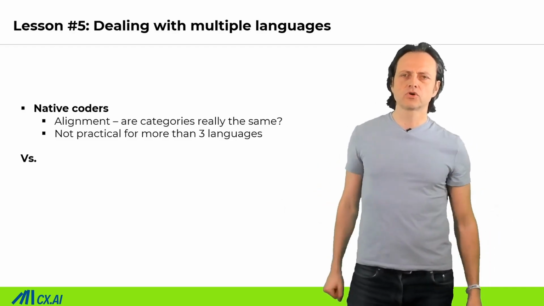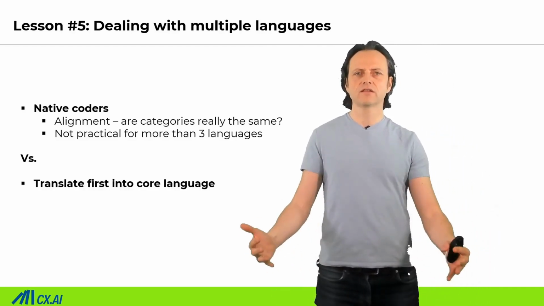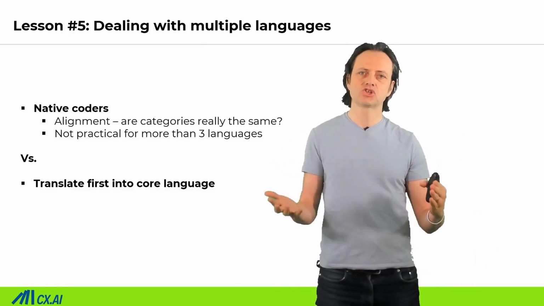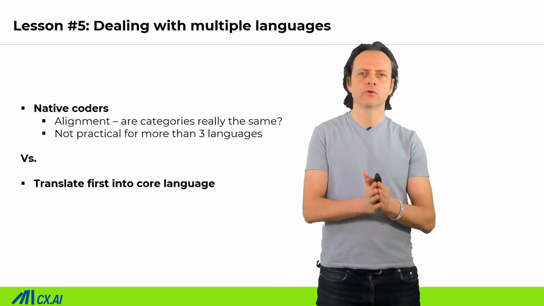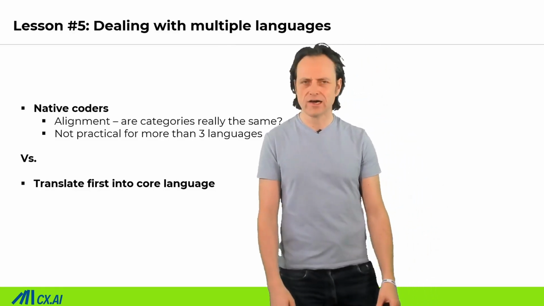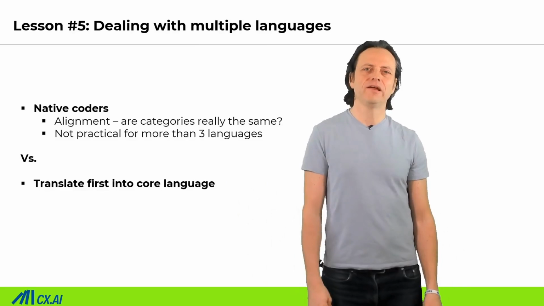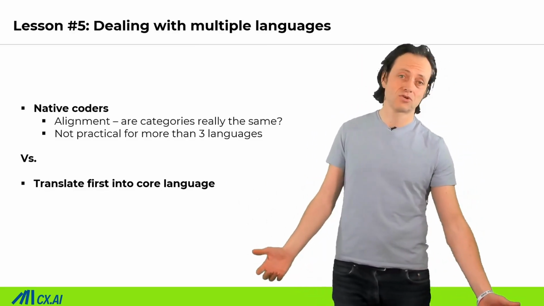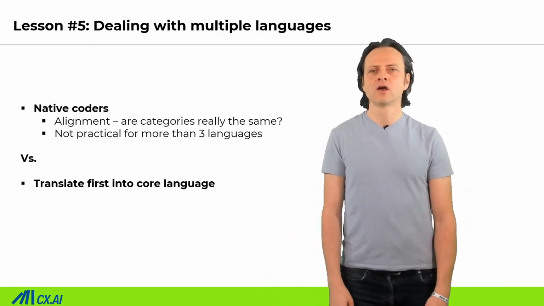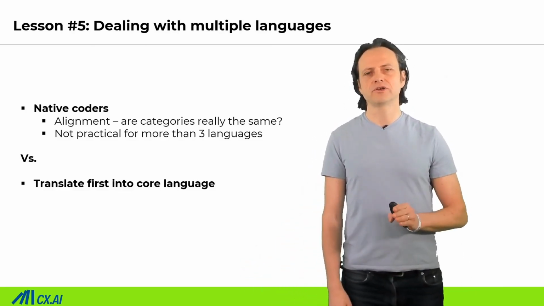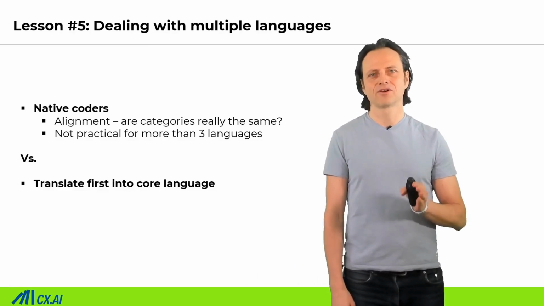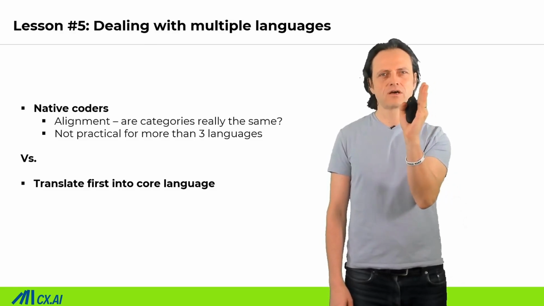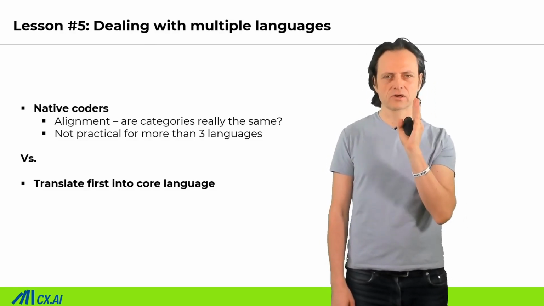The alternative approach is taking the verbatims and auto-translating them into one core language. You might say, oh my God, I lose a lot of information with that. You may know Google Translate and you may not be 100% satisfied. So yes, you lose information, but you have one understanding of categories, one native coder categorizing everything.